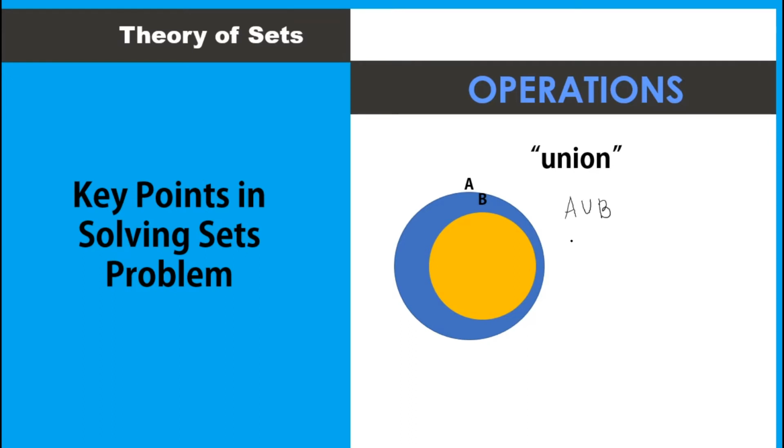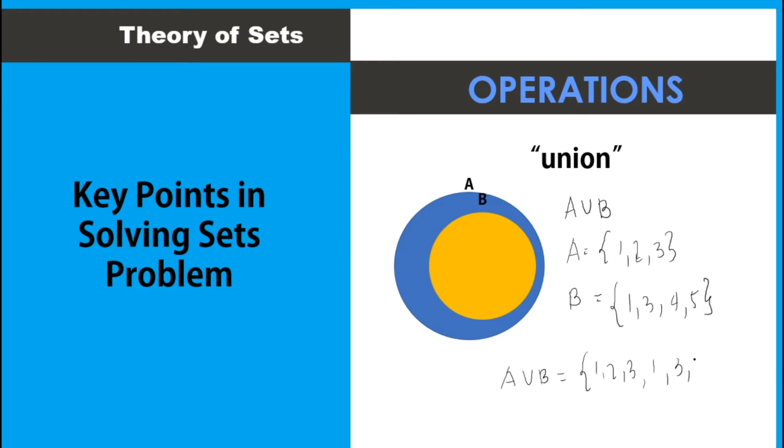It means that, for example, for A we have 1, 2, and 3, and for set B we have 1, 3, 4, and 5.